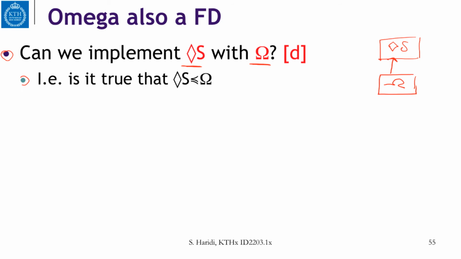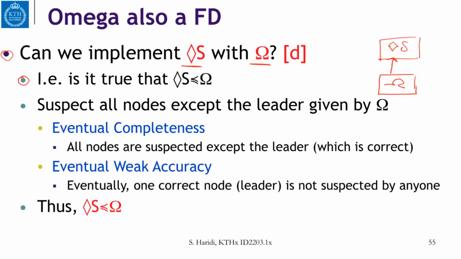Is this true? Here is how we implement diamond S. We suspect all processes except the leader given by omega. Omega gives a leader, and that's what we use. We suspect all other processes except that one. What about eventual completeness? All nodes are suspected except the leader, which is correct.